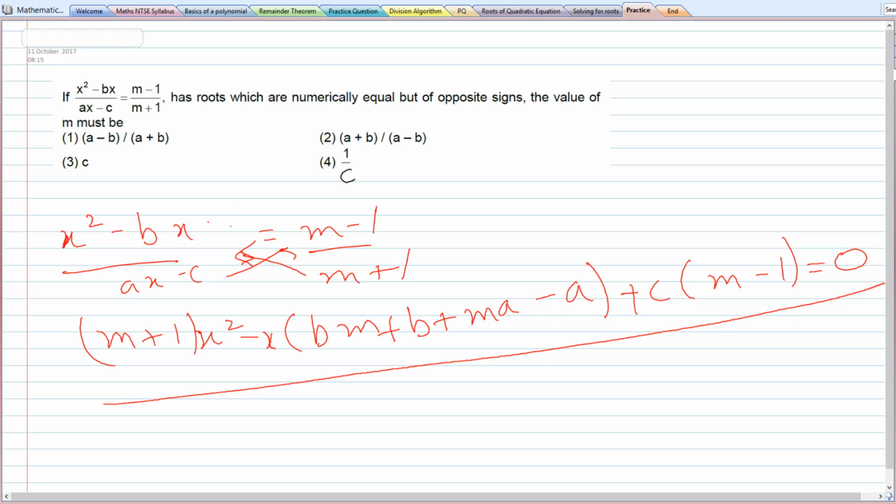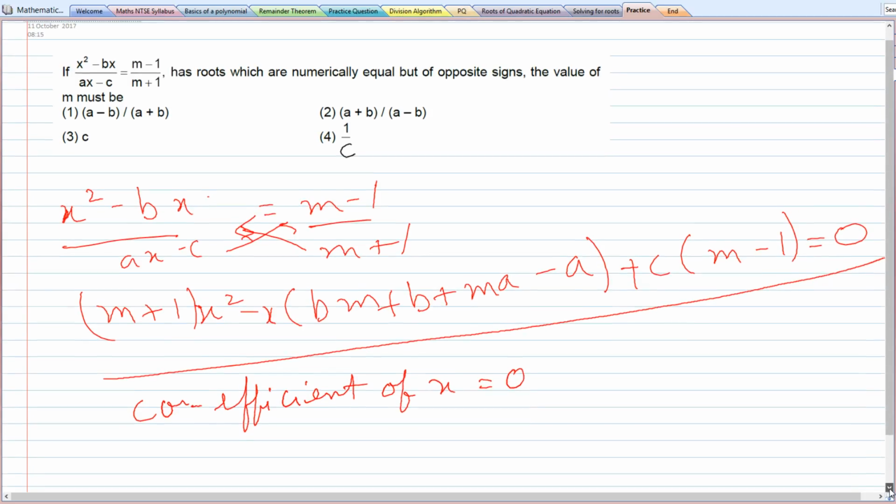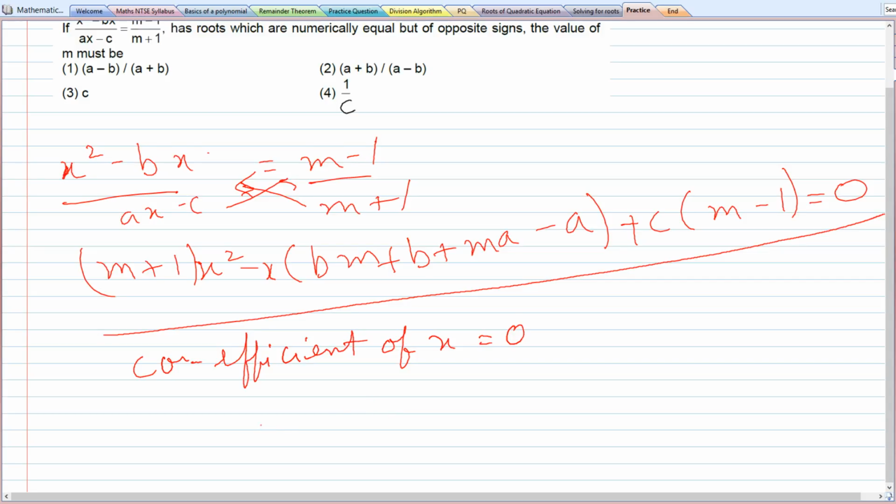So the next step, as we already saw, that when the roots are numerically equal but of opposite sign, our b or coefficient of x is equal to 0. Hence, bm plus b plus ma minus a is equal to 0.